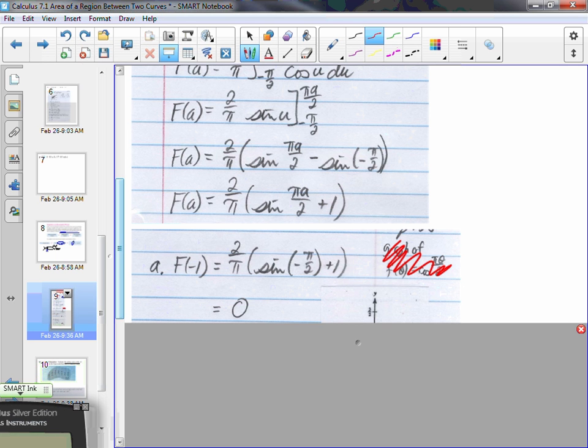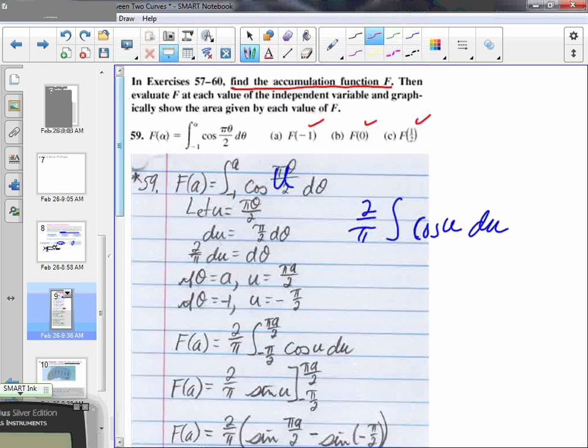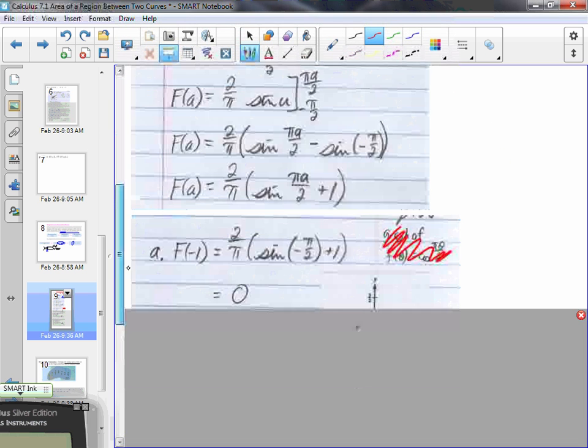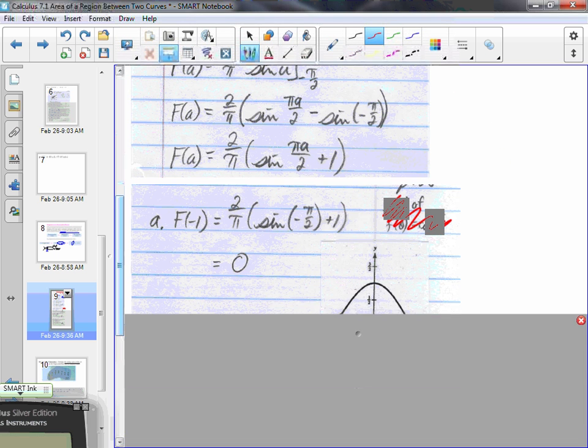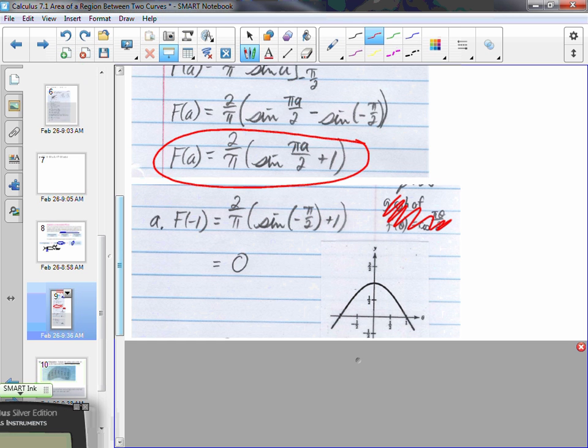Now, the directions also told us it says, and graphically show the area given by each value. So to graphically show the area, I'm going to graph that. And obviously I copy and pasted that out of something. But, you know, that's not real easy. F of a is not real easy to type into your calculator.